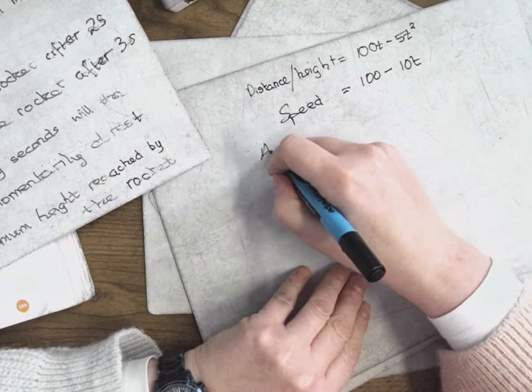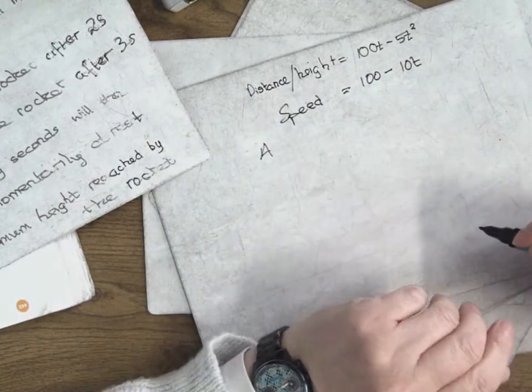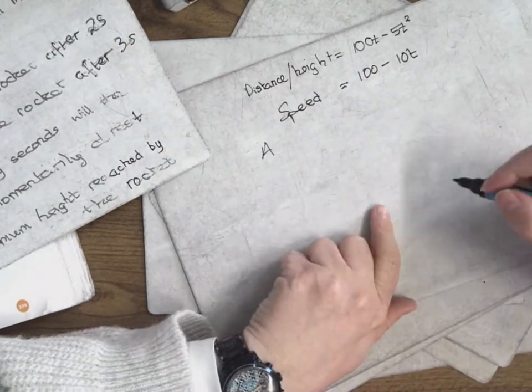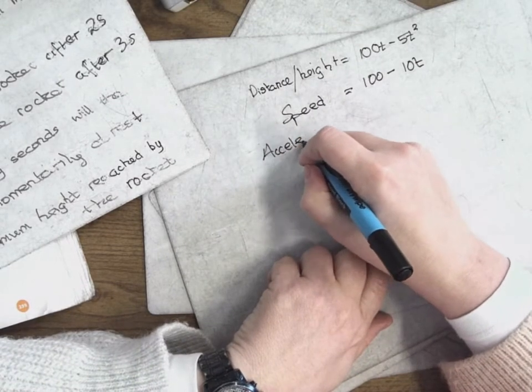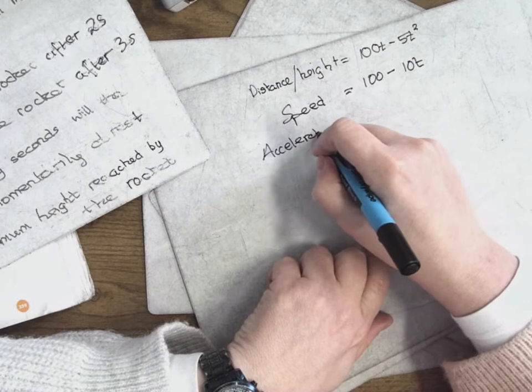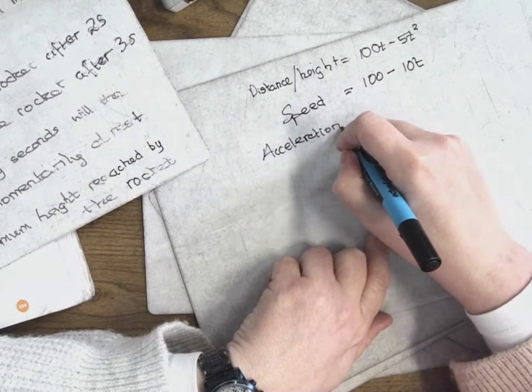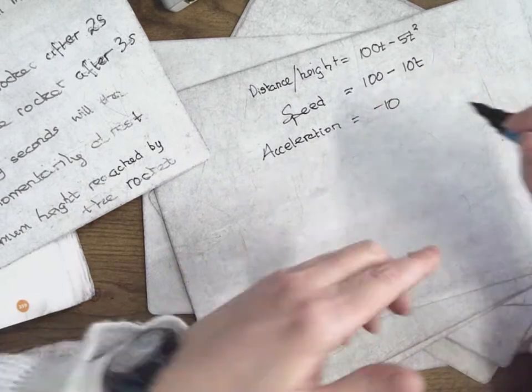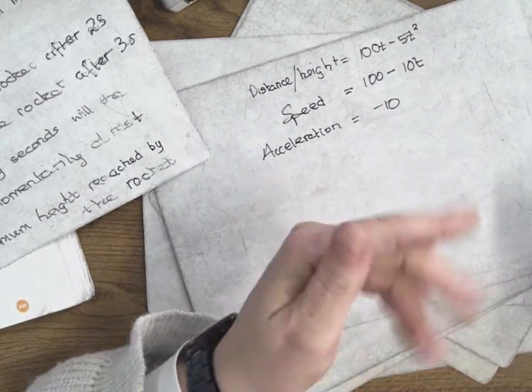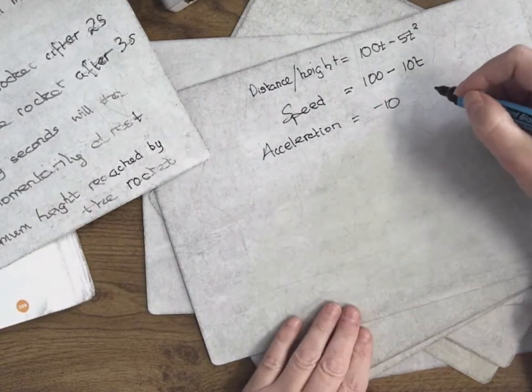Acceleration. 5t squared it is, yeah. So acceleration is minus 10, isn't it? Differentiate 100, you get 0. Differentiate minus 10t, you get minus 10.